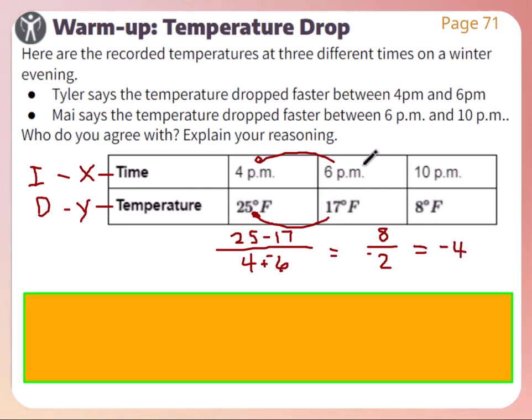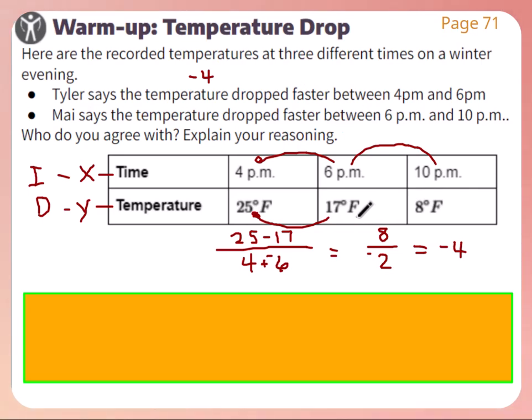Okay, now let's find the rate of change between 6 and 10. We tested what the rate of change is for Tyler, and that's -4. Let's find the rate of change between 6 and 10.